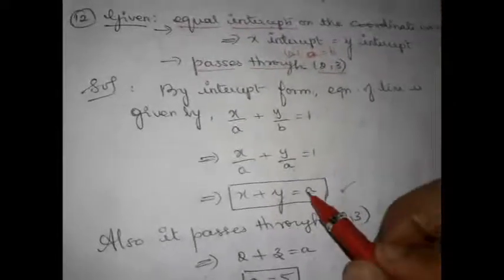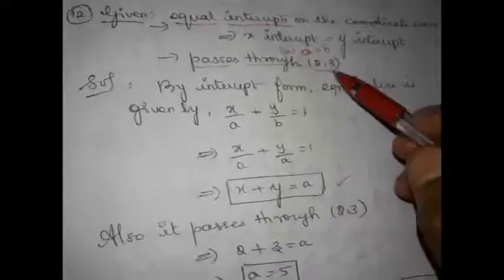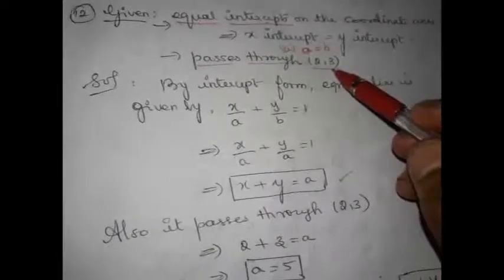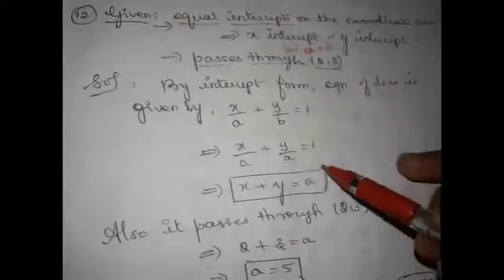But we have it in terms of A, so how do we find A? It is given that this line also passes through the point (2, 3). We know if a line passes through a point, when you substitute that point, the line should satisfy. So substitute 2, 3 for x, y. We got A as 5. So resubstitute there.